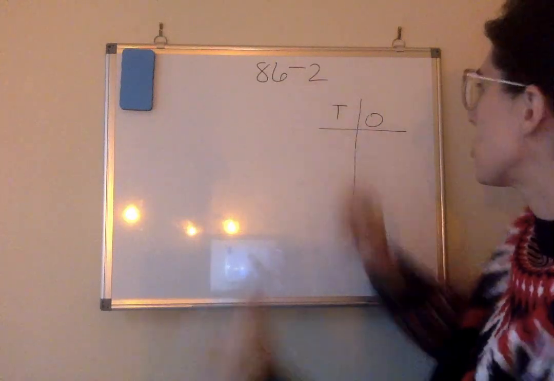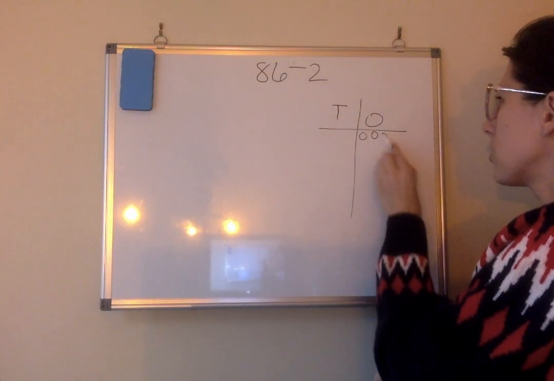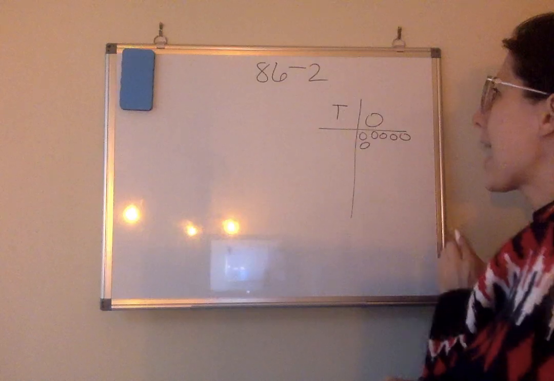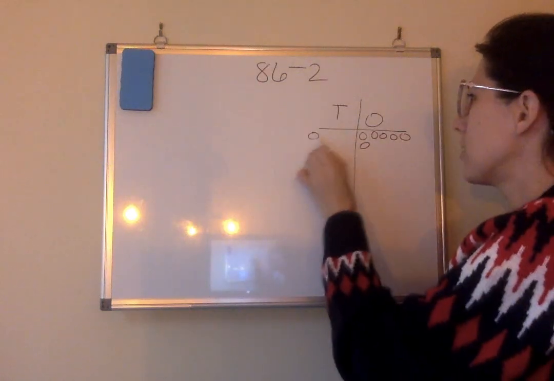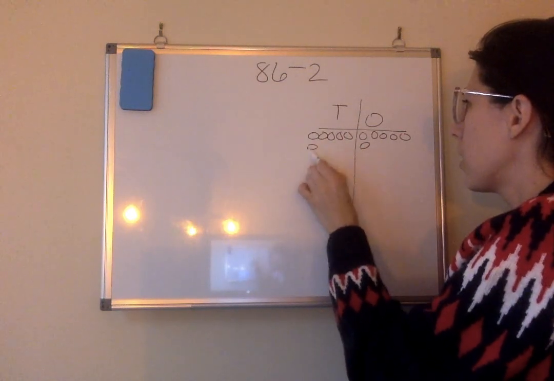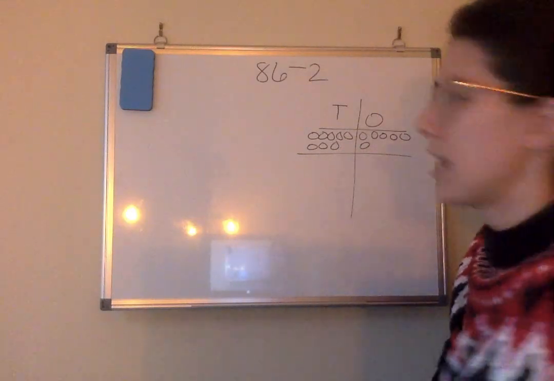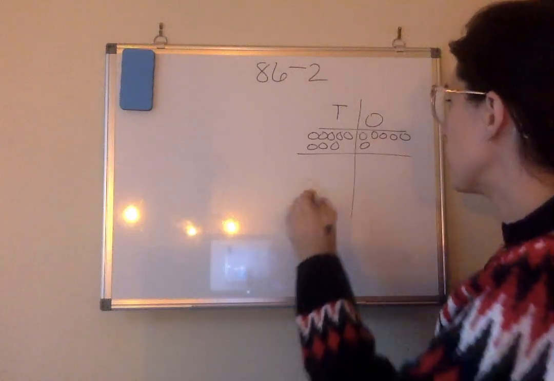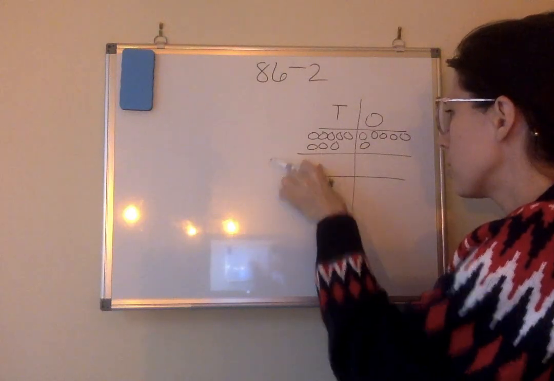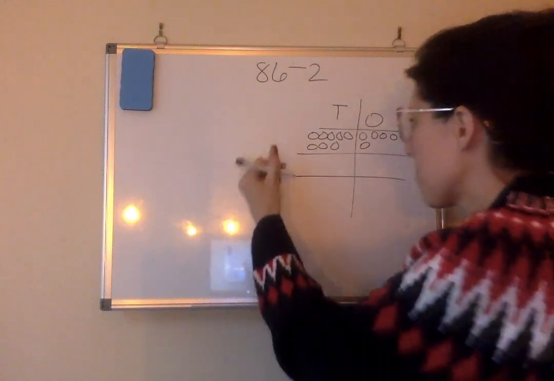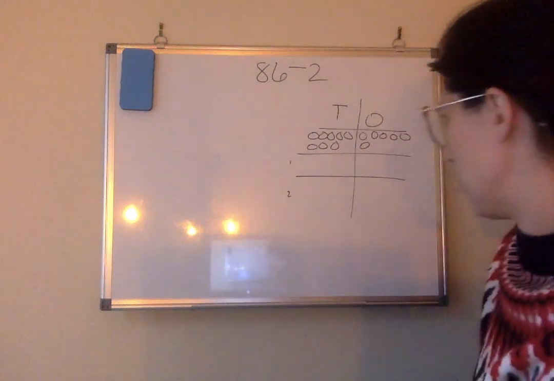I have 6 1s, and I have 8 10s. This I like to call my number bank. Now I'm dividing it into 2 groups. Here's a group, here's a group. Sometimes I'll have the kids label the groups like that.